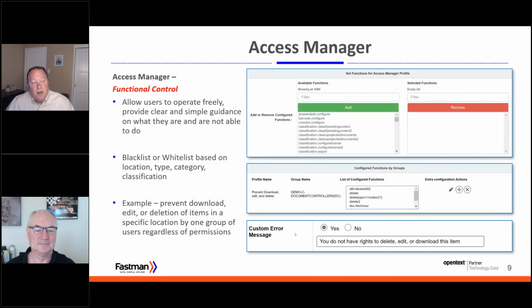Okay, let's move on to Access Manager. In a few minutes, I'm going to give a quick demonstration of a few of these scenarios, so we'll have a live demonstration. Access Manager solves a problem with Extended ECM, and it lets you deny specific functions by rule.